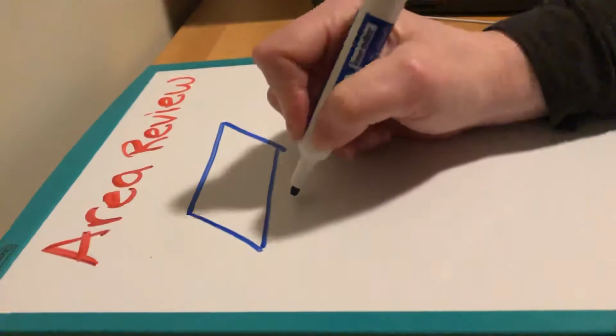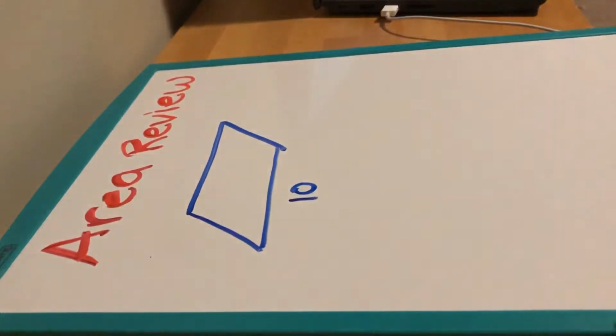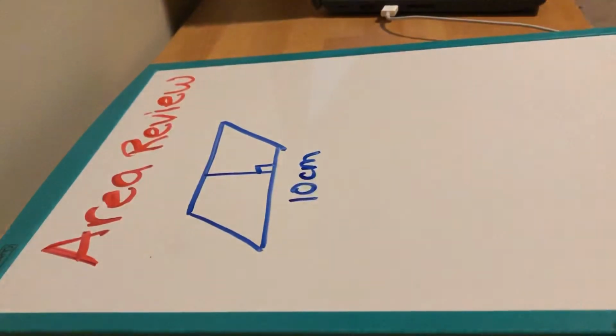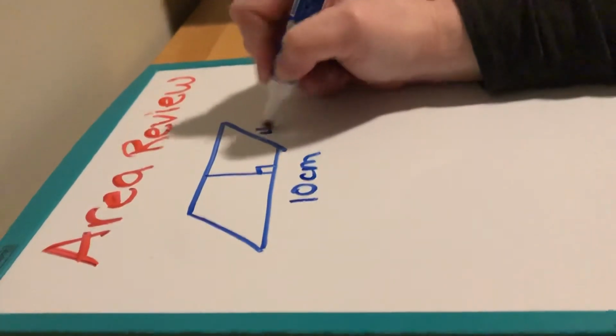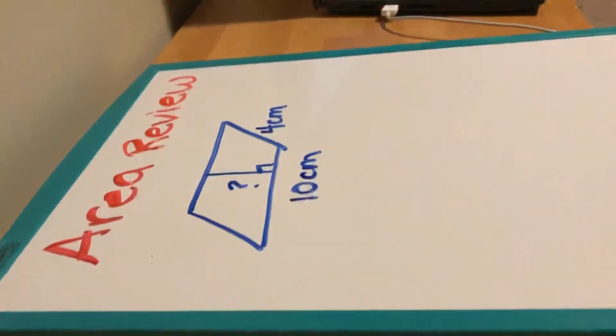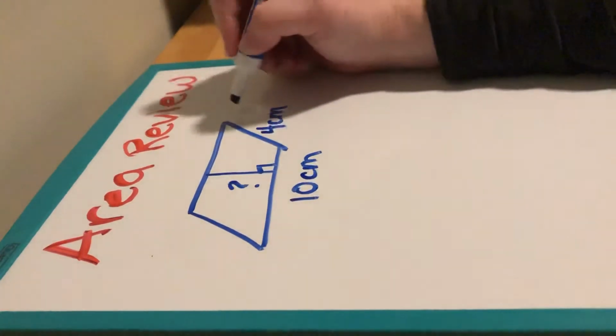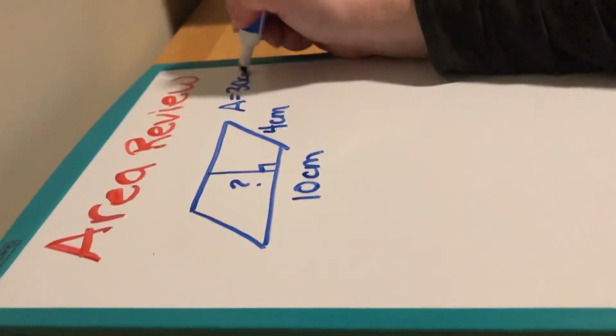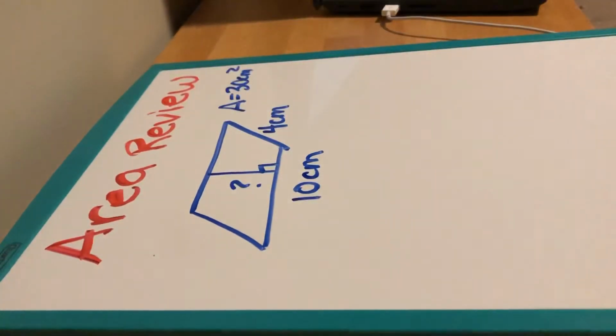We're going to have a base of 10 centimeters, and a diagonal line at 4 centimeters, but we don't know how long our perpendicular line, our height, is. We do know, however, that the whole area is 30 centimeters squared.